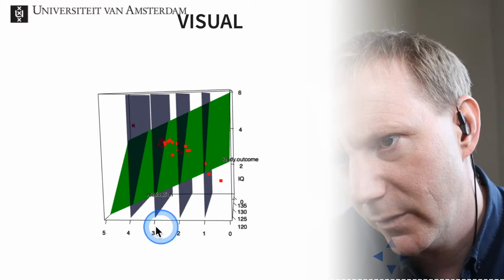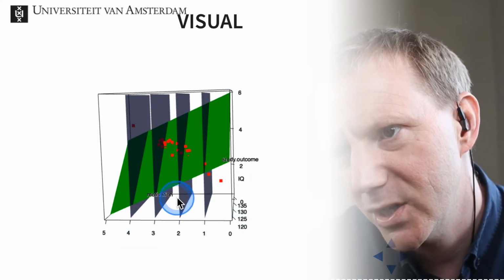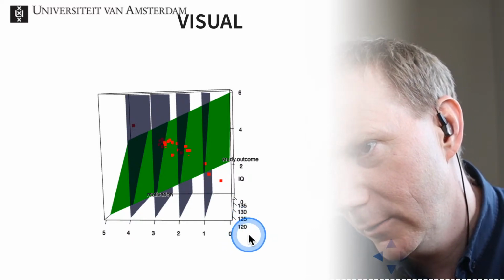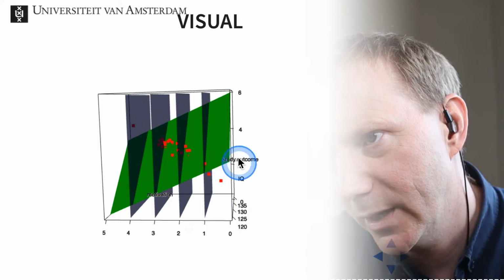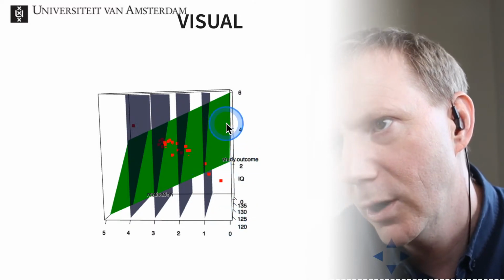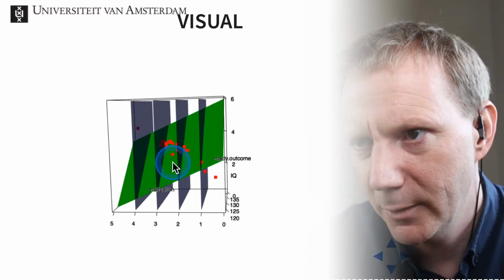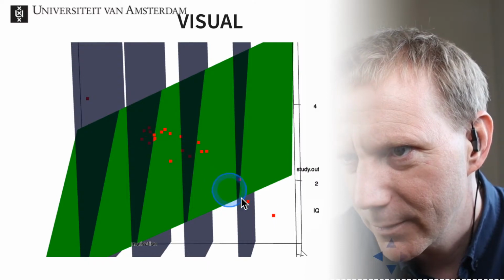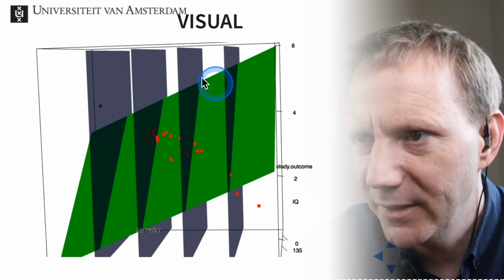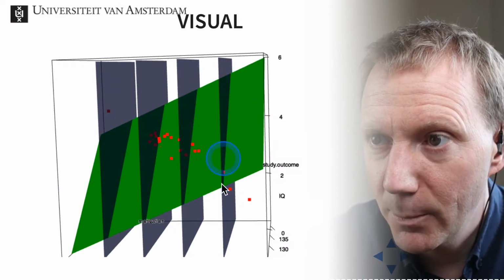So this is motivation, low motivation, high motivation, and we have IQ going up in that direction, and we have the study outcome going up on the z-axis. So what you see here is the red dots are the data points, and the green plane is the regression plane.